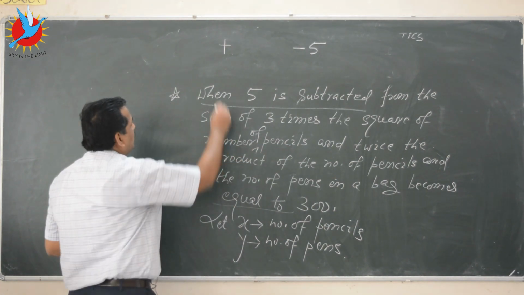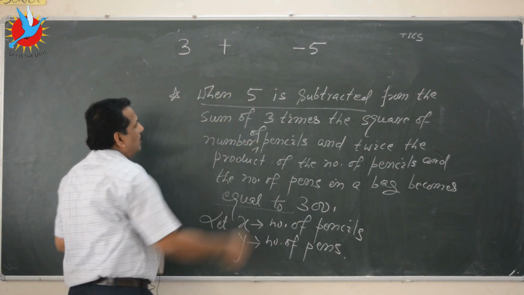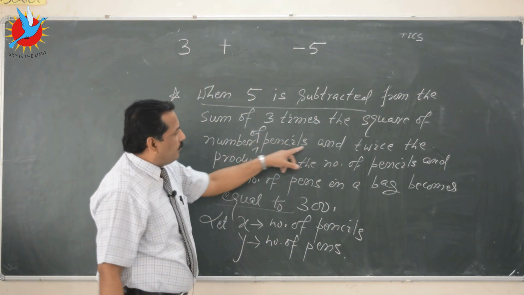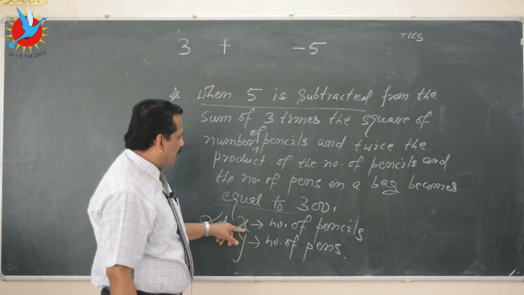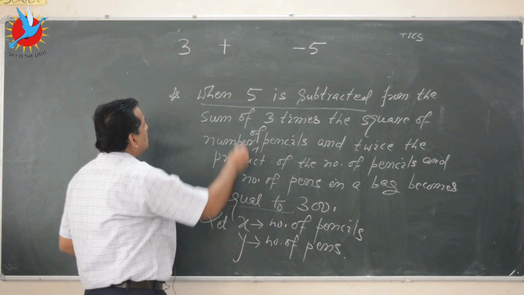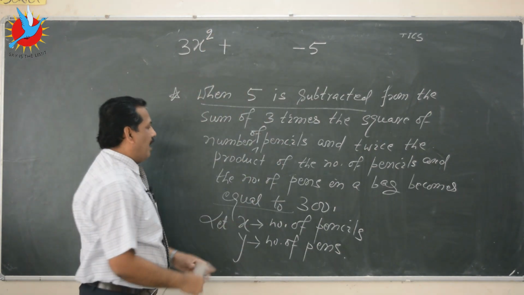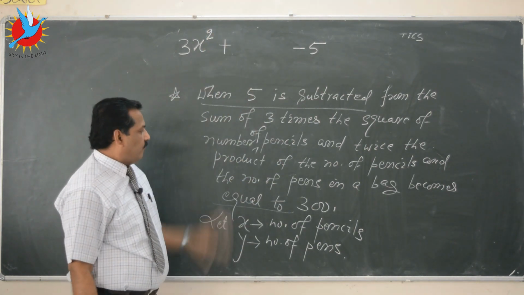So 3 times means 3 multiplied the square of the number of pencils. So number of pencils is x. So a square of x means power is 2.